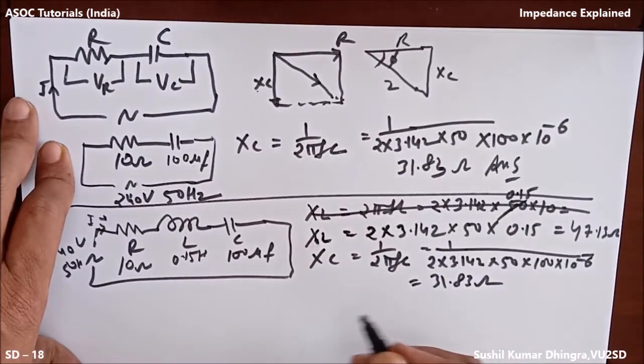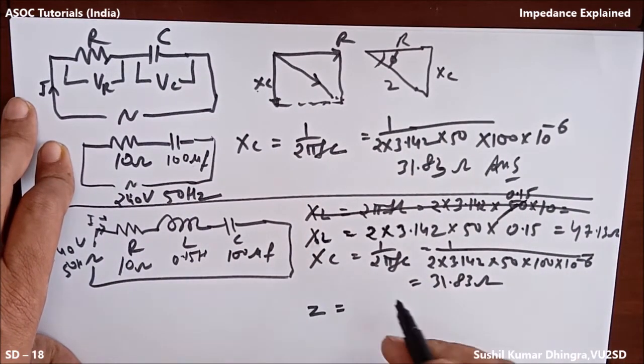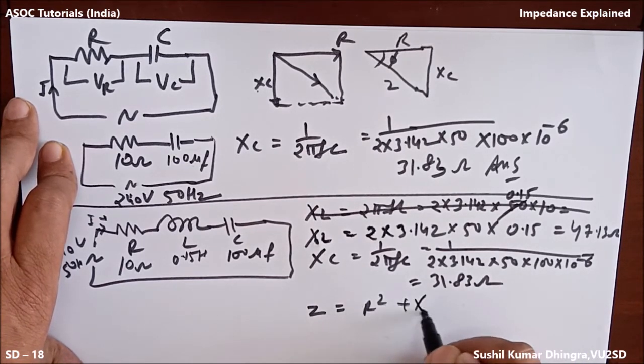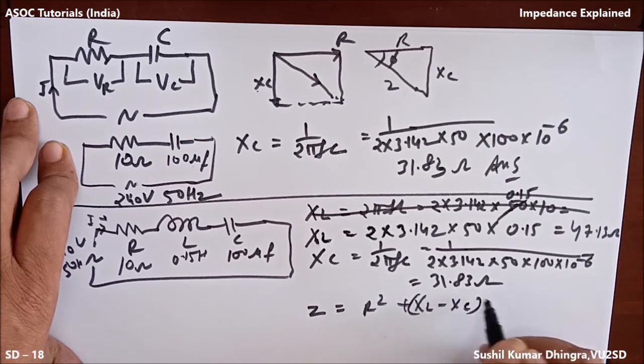R you already have. What I need is Z. Z is equal to the square root of R square plus the difference XL minus XC whole square.